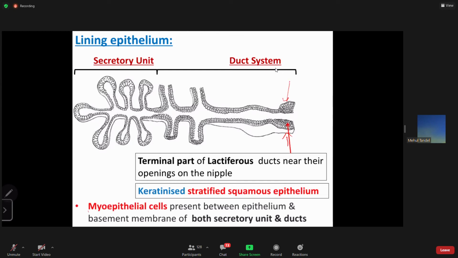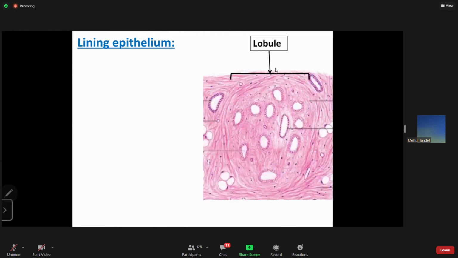And myoepithelial cells are always present between the epithelium and basement membrane of both the secretory unit and the duct. Myoepithelial cells are also present in ducts, which help in the expulsion of the milk. So that is about the lining epithelium of the secretory unit and duct system.